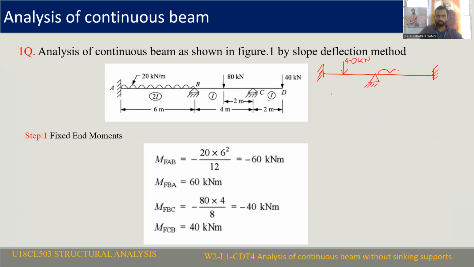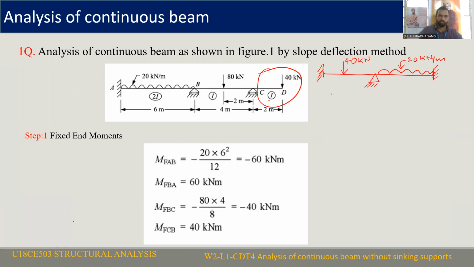In this lecture, we'll discuss one overhanging problem. The overhang is subjected to 40 kN load. So how to analyze by using the slope deflection method of analysis? We'll see here.